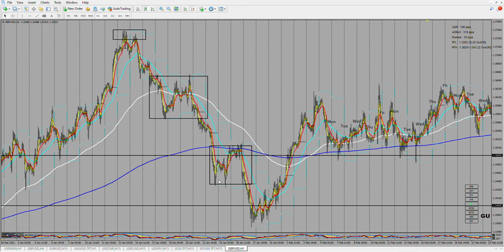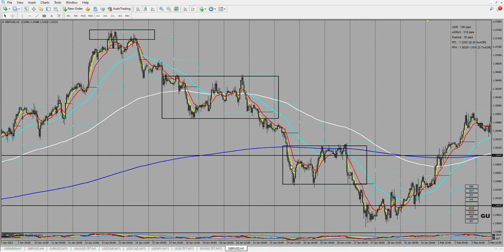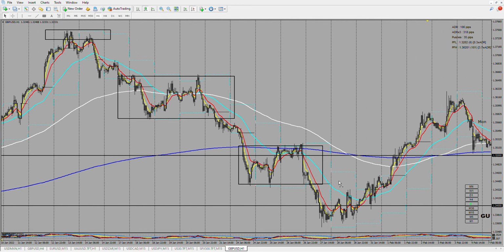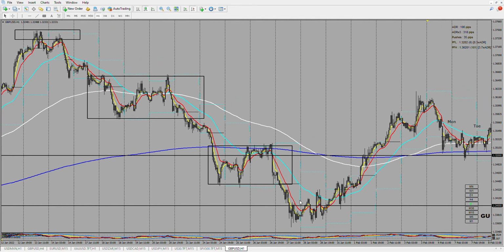Price broke the previous support, which is right here. Price broke the support area, then gave us another impulsive move to the downside, giving us in total 3 pushes. The first one here, second one, and the third one. And this also will be our peak formation low or third consolidation.